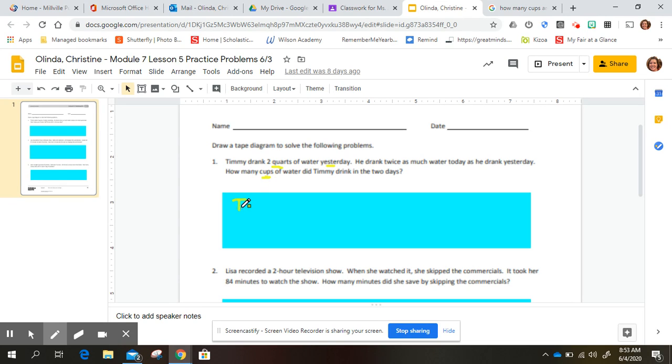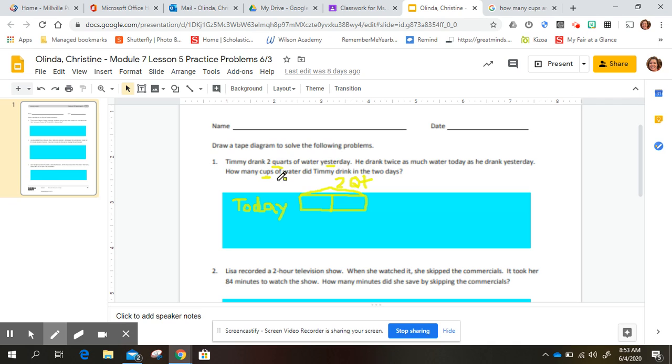So today, Timmy drank 2 quarts. So my tape diagram will have 2 boxes, and that means 2 quarts, 2 QT for quart.